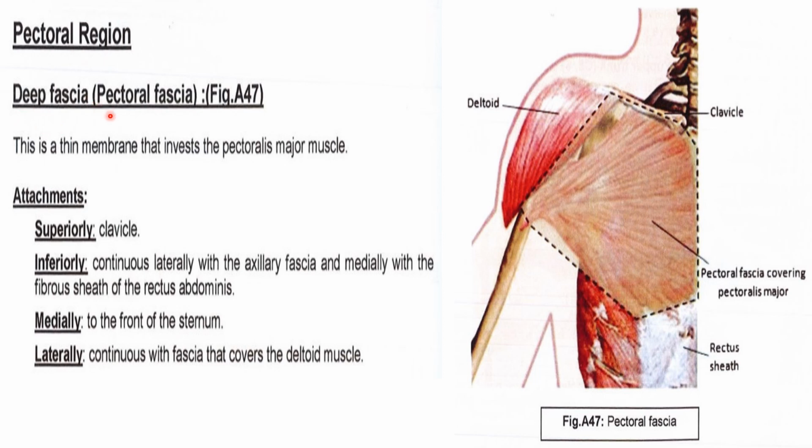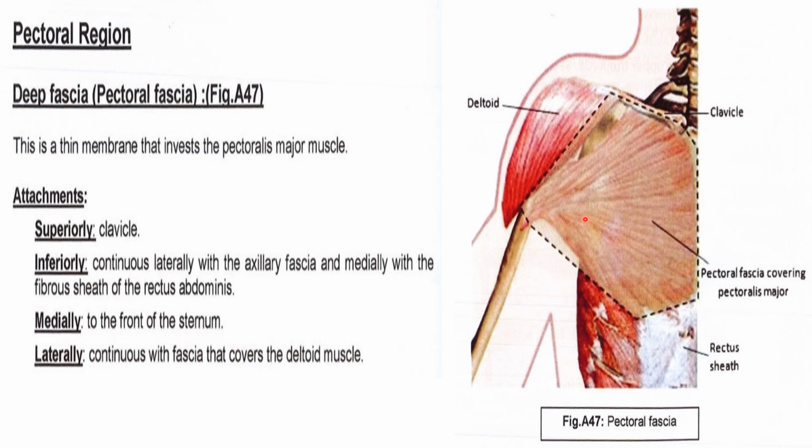which is also called pectoral fascia. It is a thin membrane that invests the pectoralis major muscle. So why is it called pectoral fascia? Because it actually invests the pectoral region and the pectoralis major muscle.